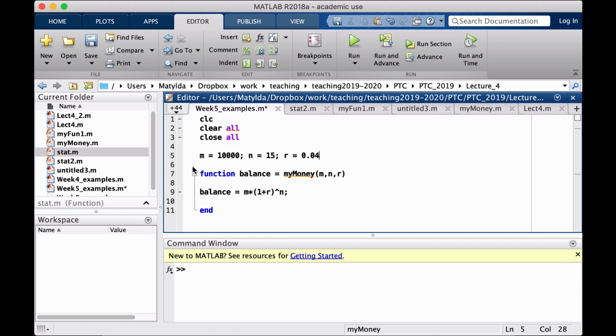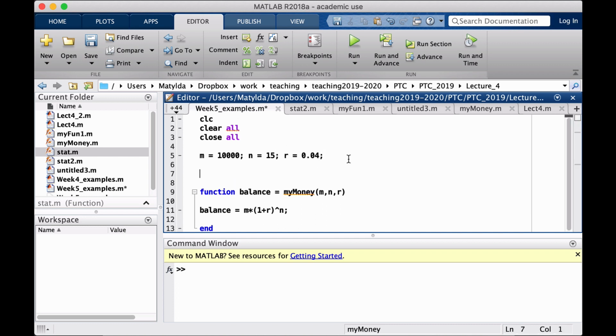So I put it directly, since now I know that my function is written in this way, with 1 plus r, so I have to immediately express rate already as a decimal, and not just 4, but 0.04 to represent 4%.